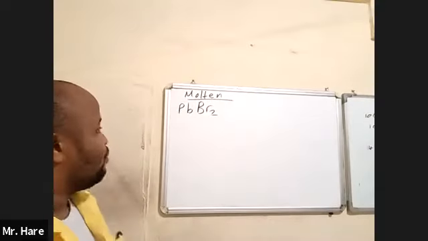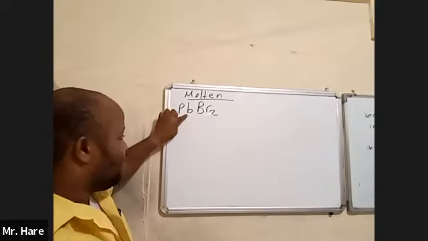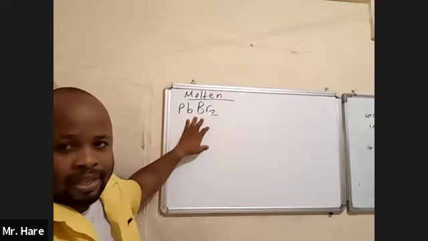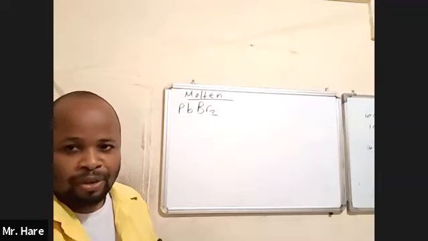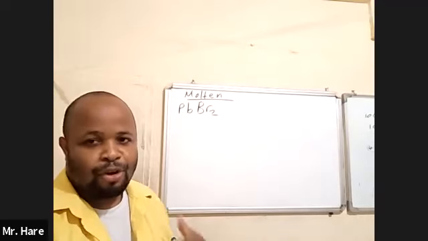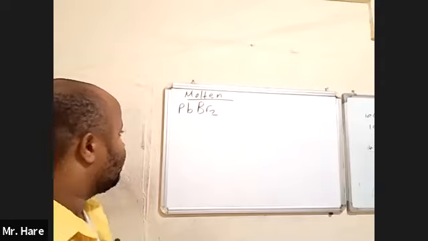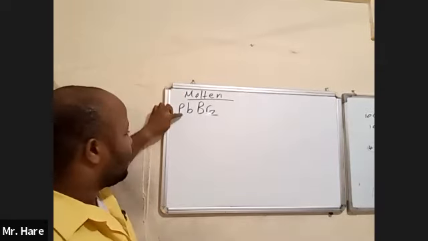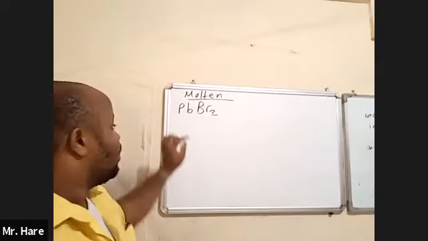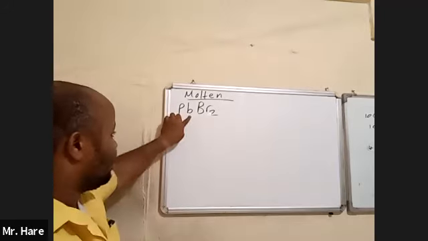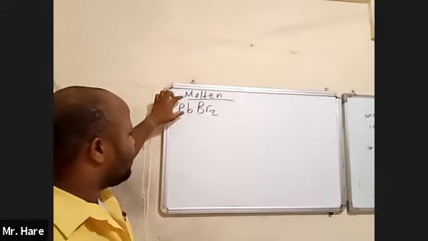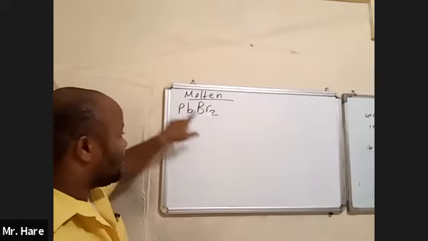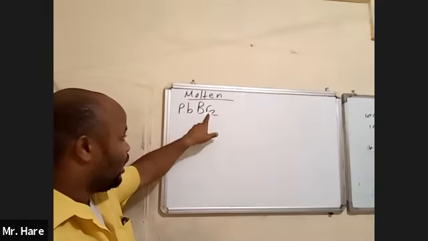So what I'm going to do is give you the electrolyte, and then we're going to write the equation for the reaction occurring at the anode and the cathode. If we have molten lead bromide, remember with an ionic compound we always put the positive ion first, then the negative ion.